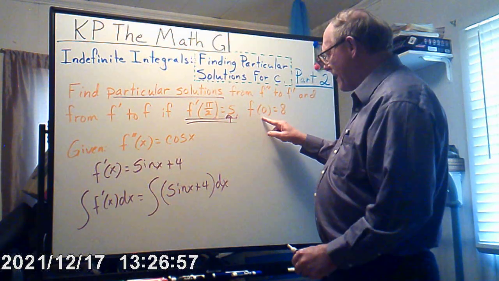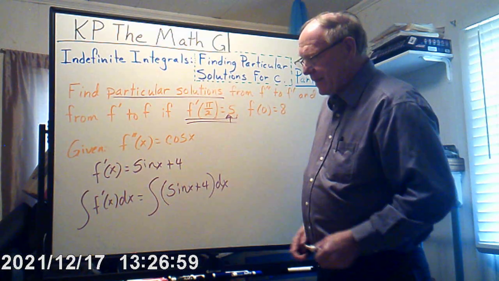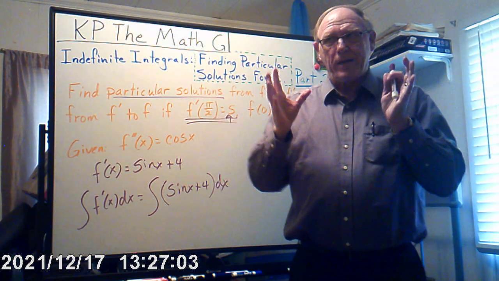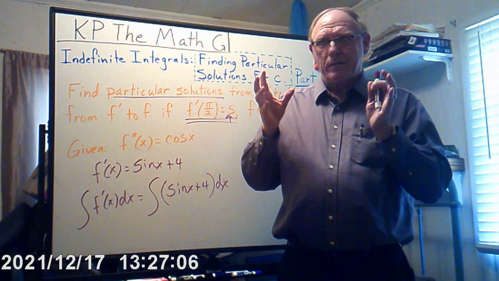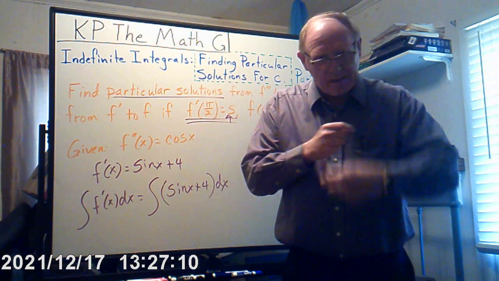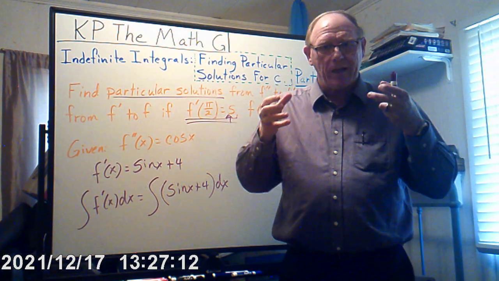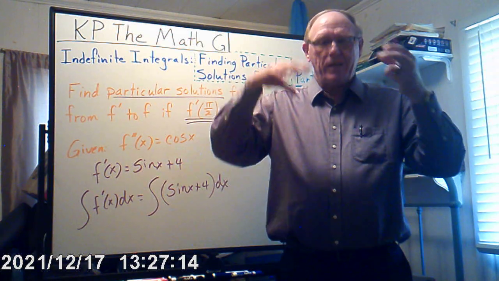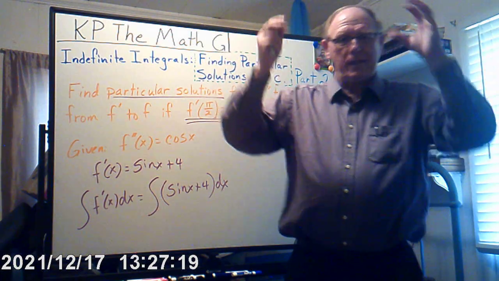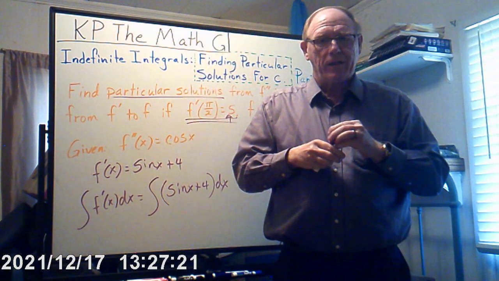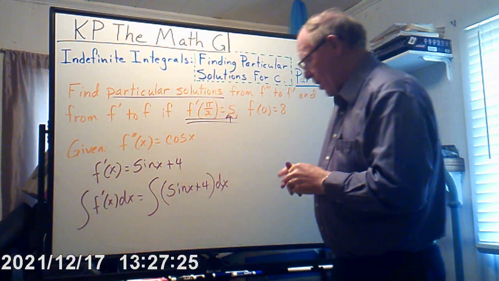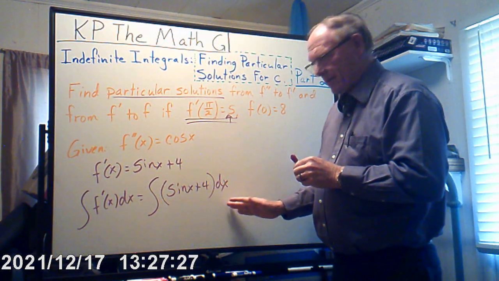Now we want to get f. It's kind of like when you have the acceleration, you take the antiderivative of acceleration, and you get velocity. Then when you take the antiderivative of velocity, you get the distance equation, or the position function. That's what we're doing here.